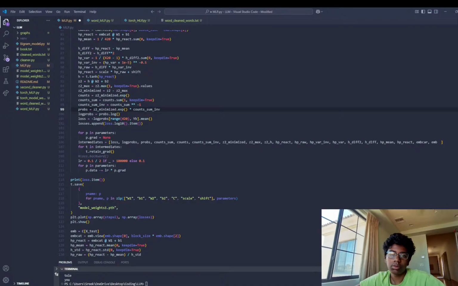If you guys want to know what I'm watching, I'm just checking my work against a similar implementation by Andrej Karpathy.